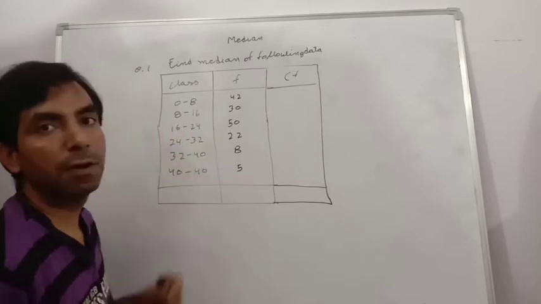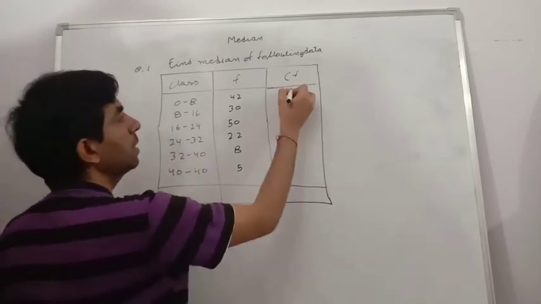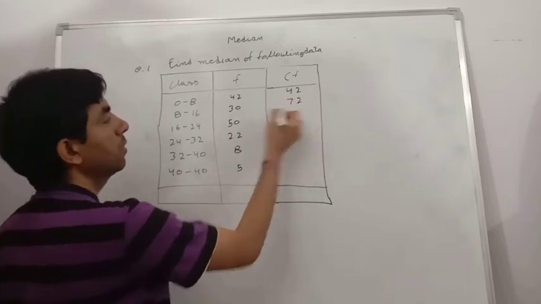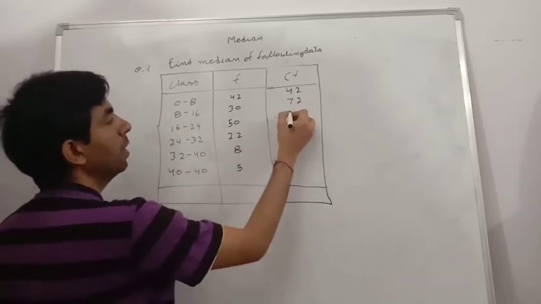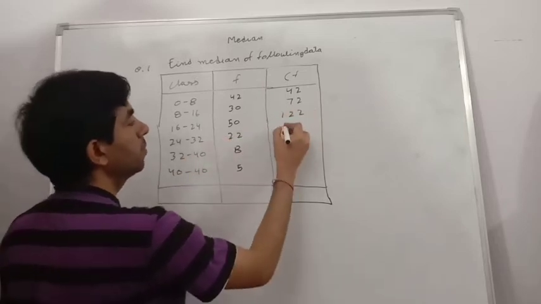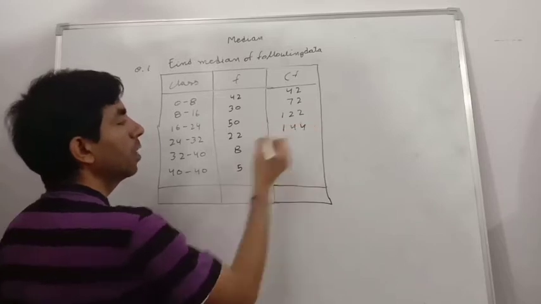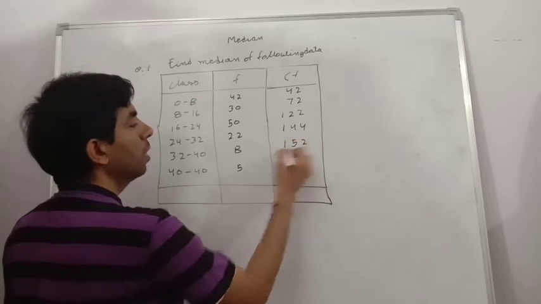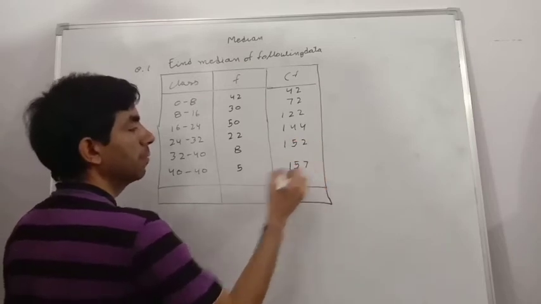Always first write the first number as it is, then add in the next terms. So 42 plus 30 is 72. 72 plus 50 is 122. 122 plus 22 is 144. 144 plus 8 is 152, and 157.